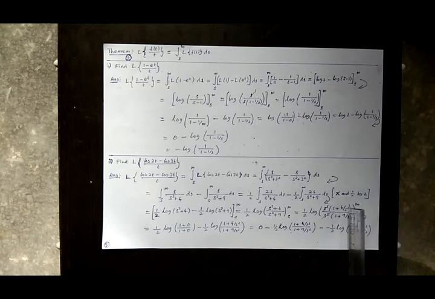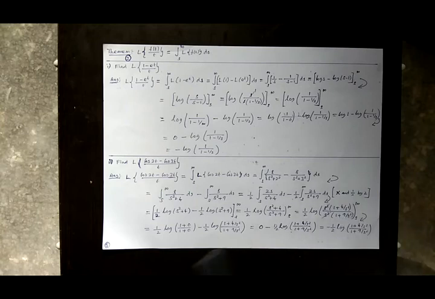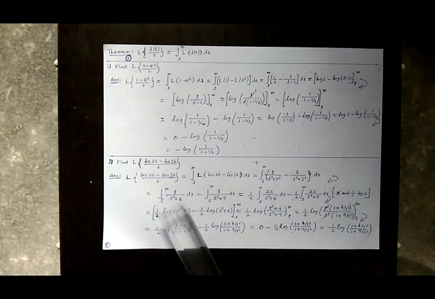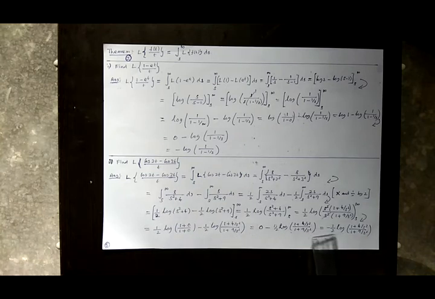If you apply the limit s equal to infinity, this 4 by s squared and 9 by s squared become 0. So we get 1 by 2 into log 1 minus 1 by 2 into log of, if you put s is equal to s, you get the same expression, (1 plus 4 by s squared) by (1 plus 9 by s squared). The value of log 1 is 0, and we are left with this answer: minus 1 by 2 into log of (1 plus 4 by s squared) by (1 plus 9 by s squared).